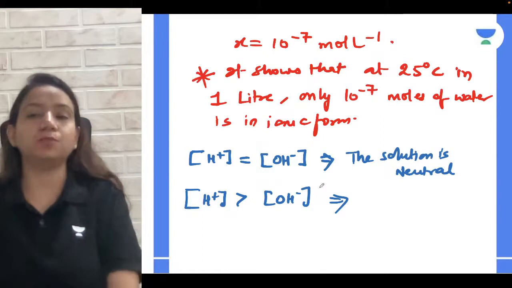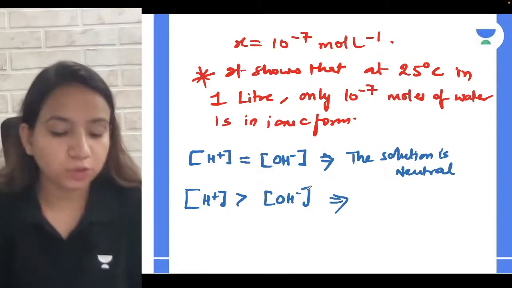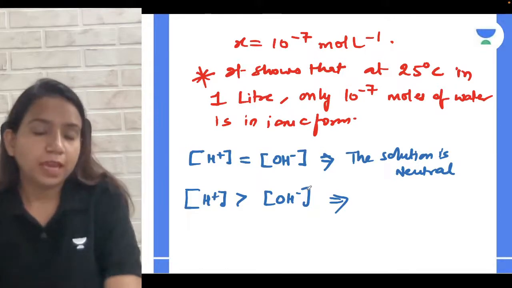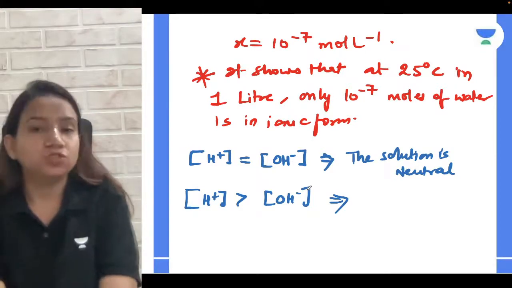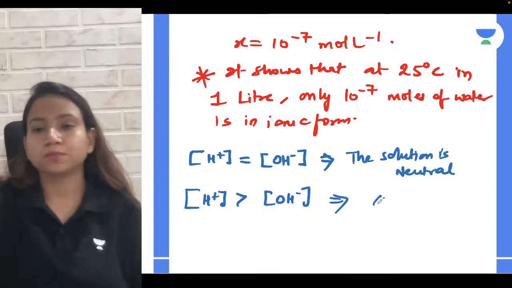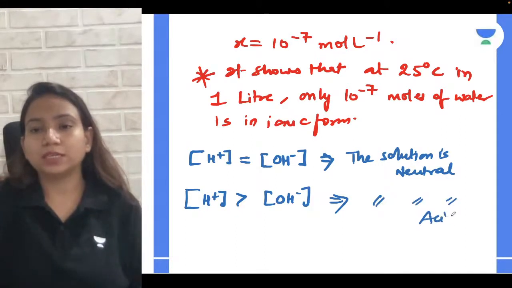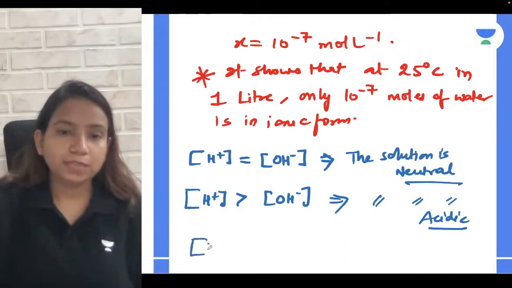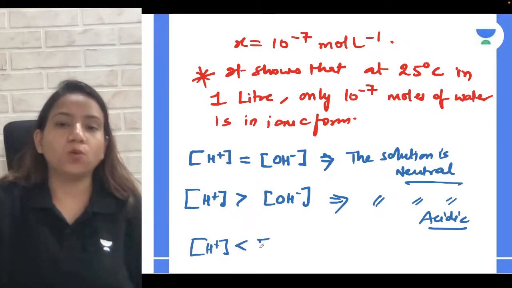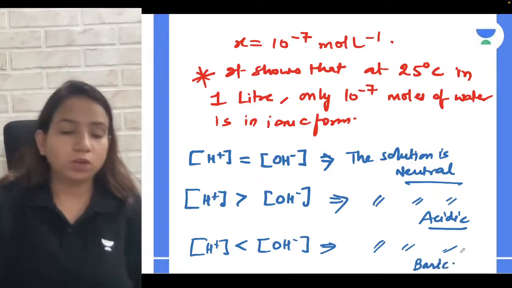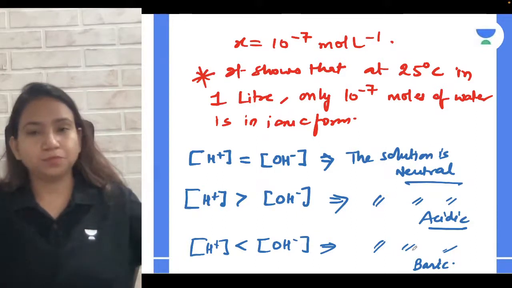Acidic, basic, or neutral? Everyone should answer, guys. It's very simple. Yes, if H plus ion concentration is more than OH minus ion concentration, then the solution is acidic. And if H plus ion concentration is less than OH minus ion concentration, then the solution is basic. This is what you can relate.